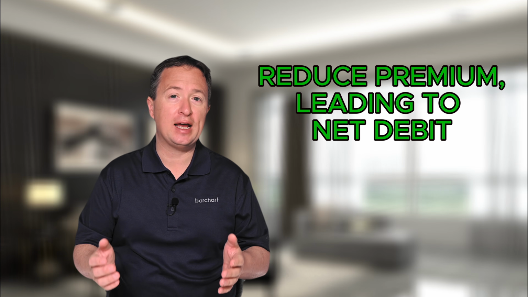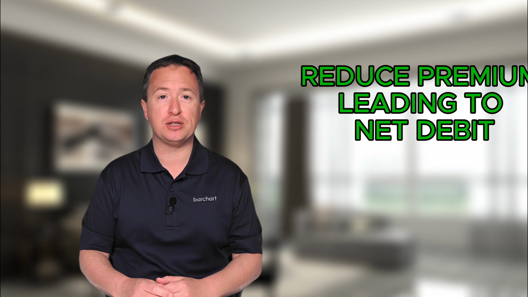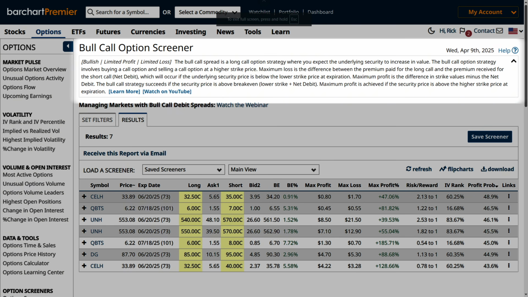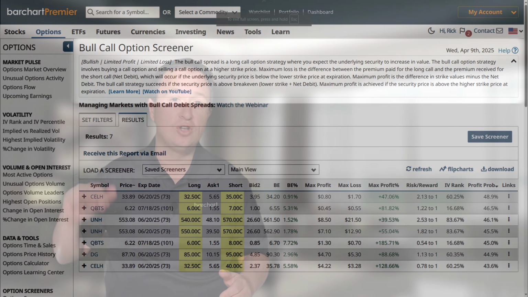Now, while credit spreads and debit spreads both use two or more options, the objective of a debit spread is to reduce the net premium of the long option. For example, in a bull call spread, a trader buys a more expensive lower strike call and sells a cheaper higher strike call, reducing the cost compared to buying one long call alone.